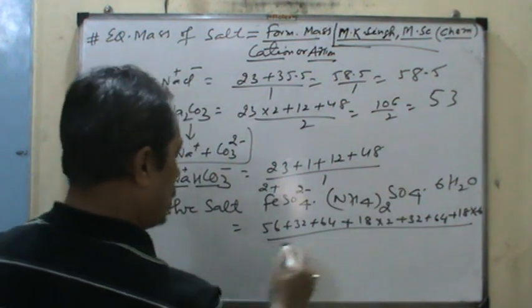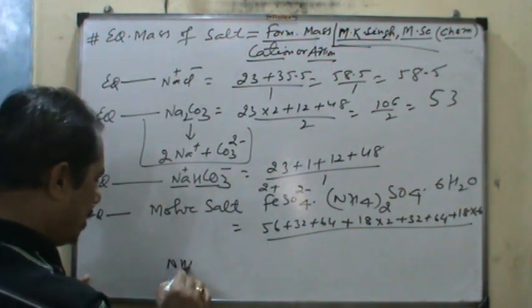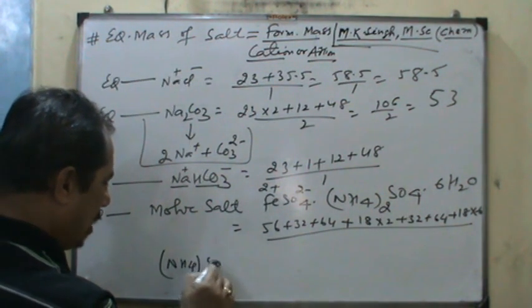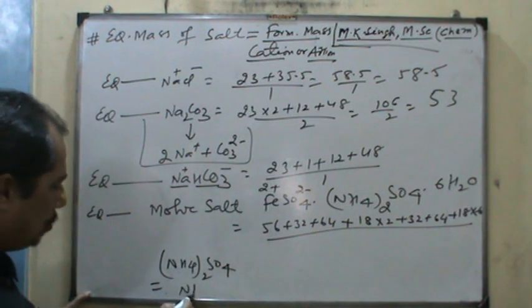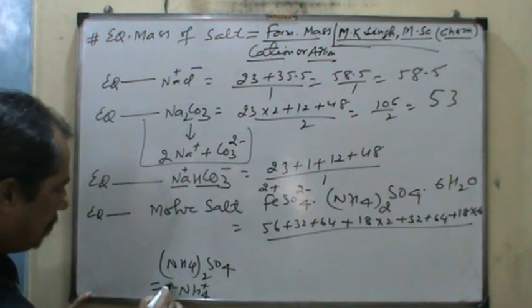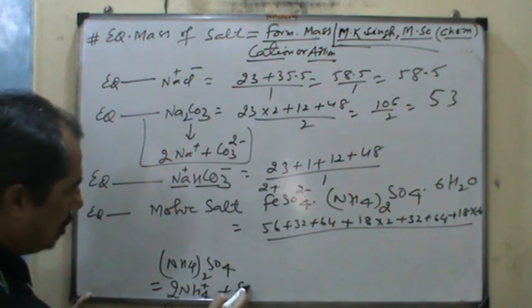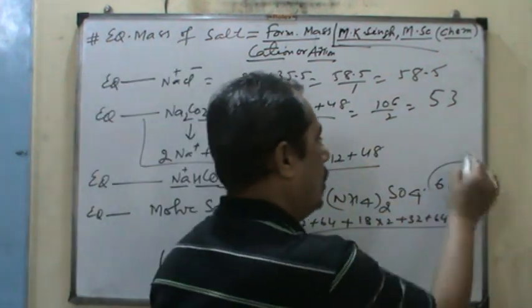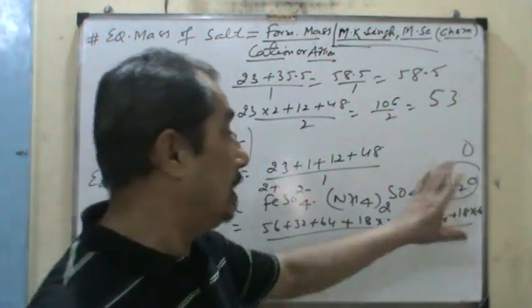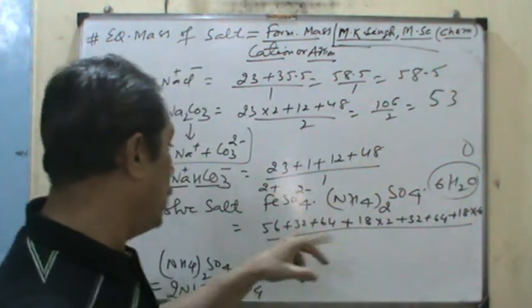And (NH4)2SO4: the way you can break it here, NH4 is 1 positive, but how many times? 2 positive, and sulfate 2 negative. Water is neutral, taken as neutral so far as charge is concerned. Therefore you take either plus.